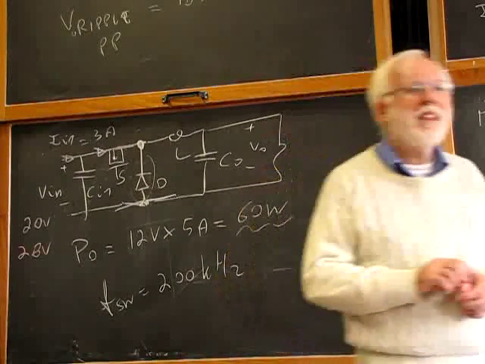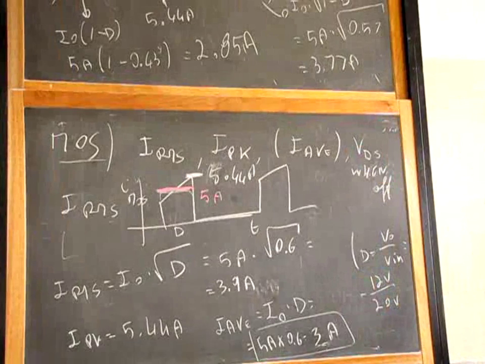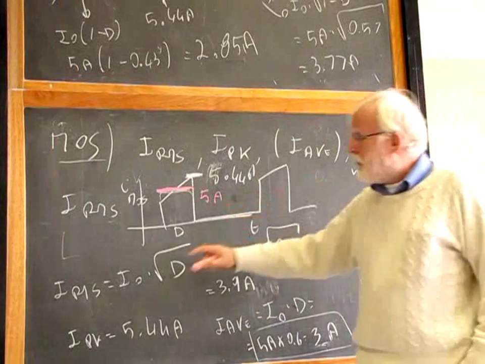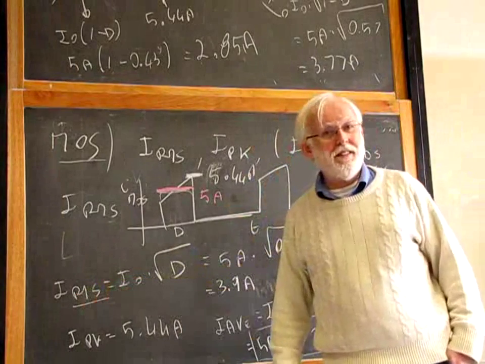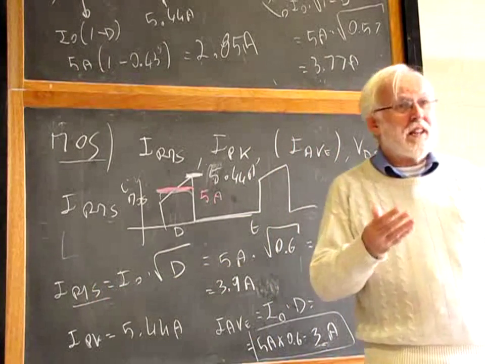Yes, thank you. Oh, by the way, the question reminds me that I forgot to tell you one thing. The maximum power dissipation for an MOS transistor depends on the RMS current, because it's a resistance. An MOS transistor, when it's on, is a resistance.